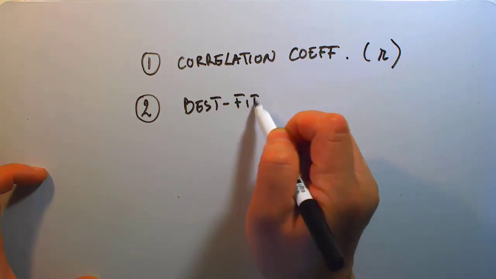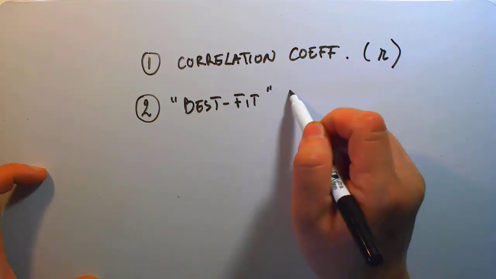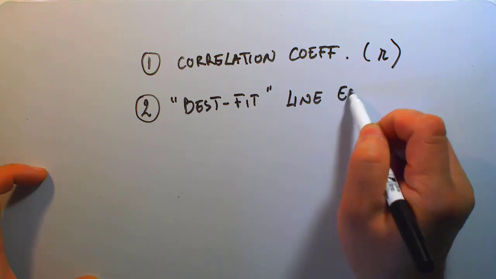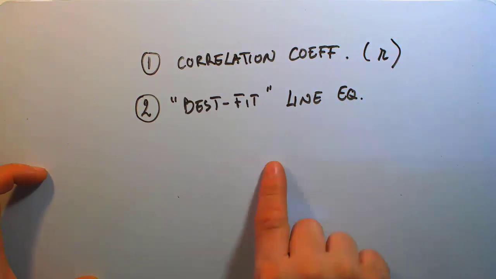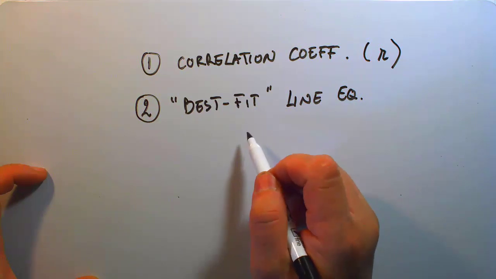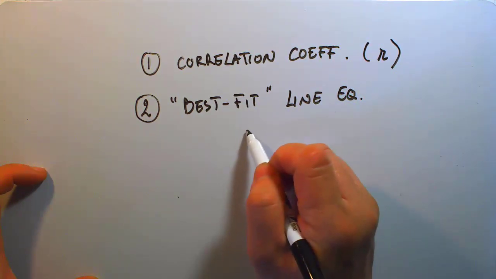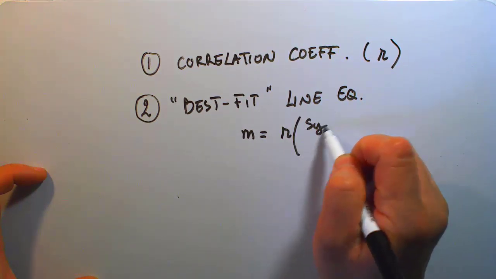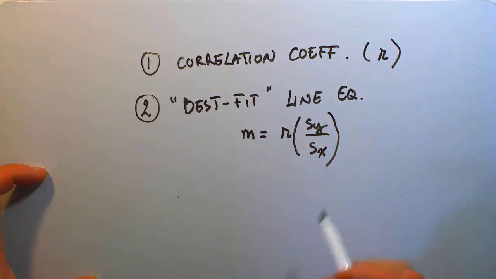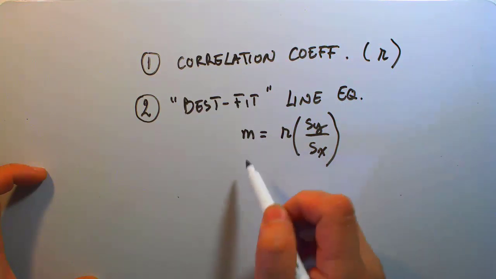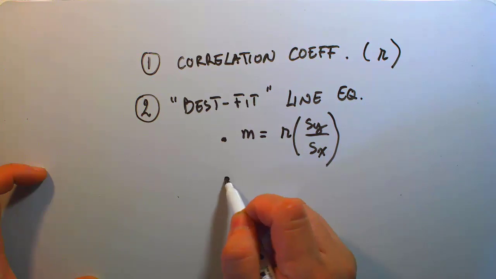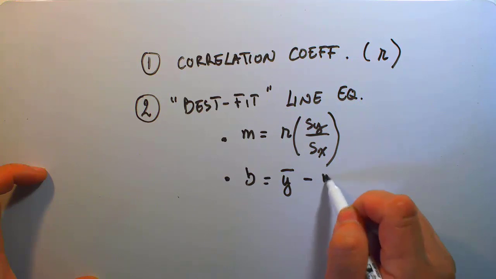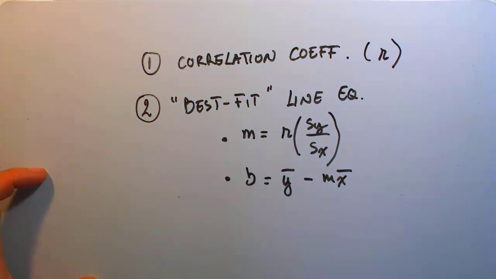Here we were using the line equation, and it produced two little sub steps for us: the slope was r times sy over sx, and then the next step was to find the y-intercept, b equals y bar minus m x bar. These are the two formulas that we've learned previously.